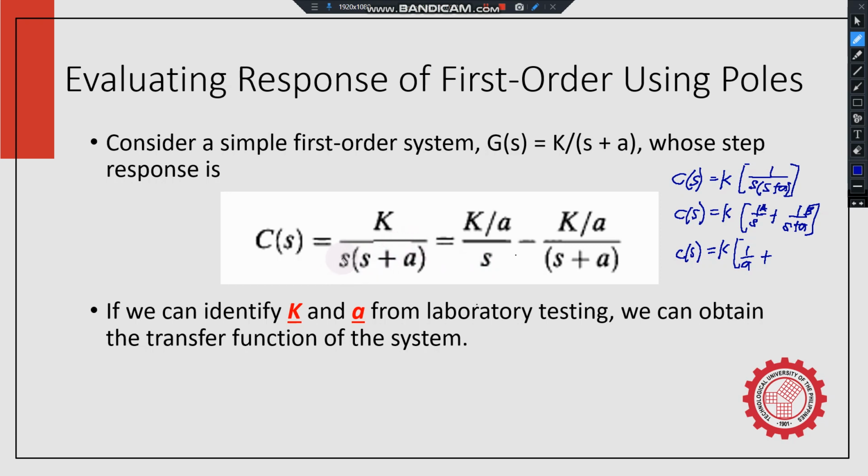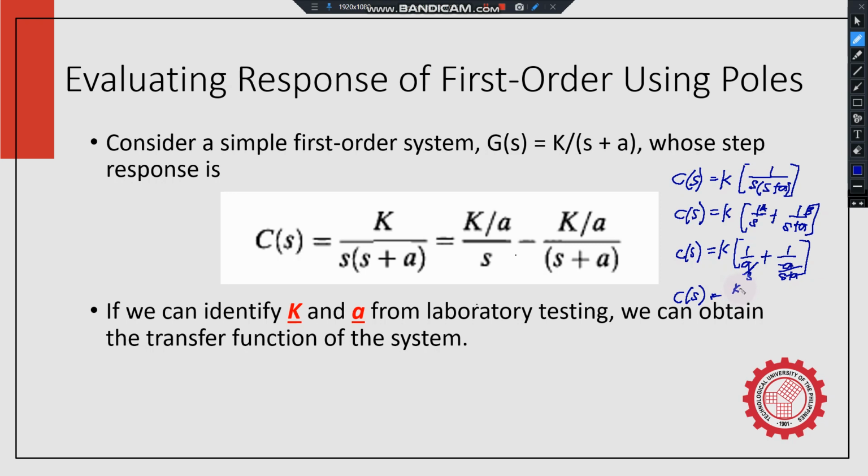So this S will be equal to negative A, so that will be 1 over negative A, the coefficient. And of course we have here the S and the S plus A.